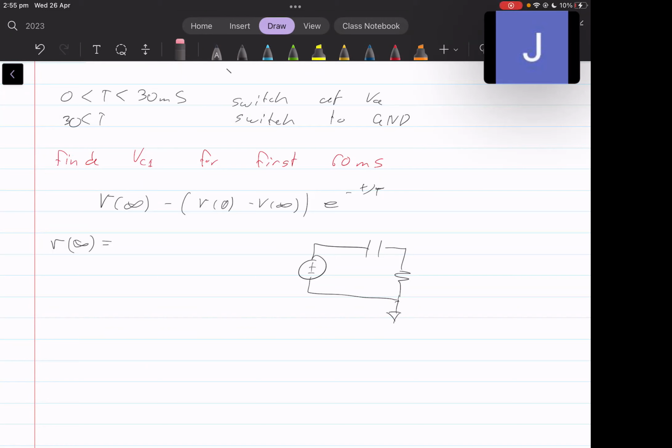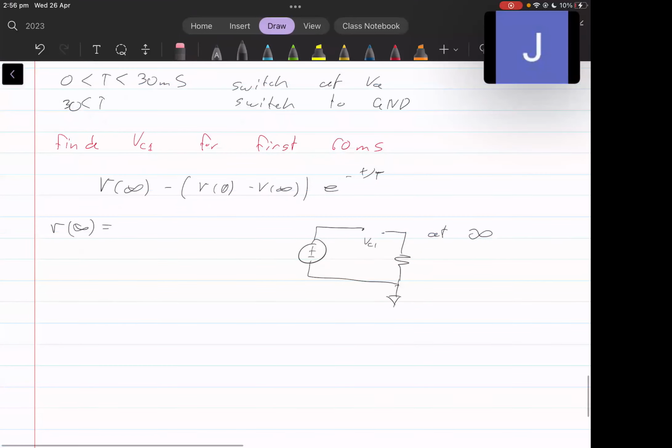It will just be a short circuit. So that'll be VA, which is equal to 15 volts, given the question.